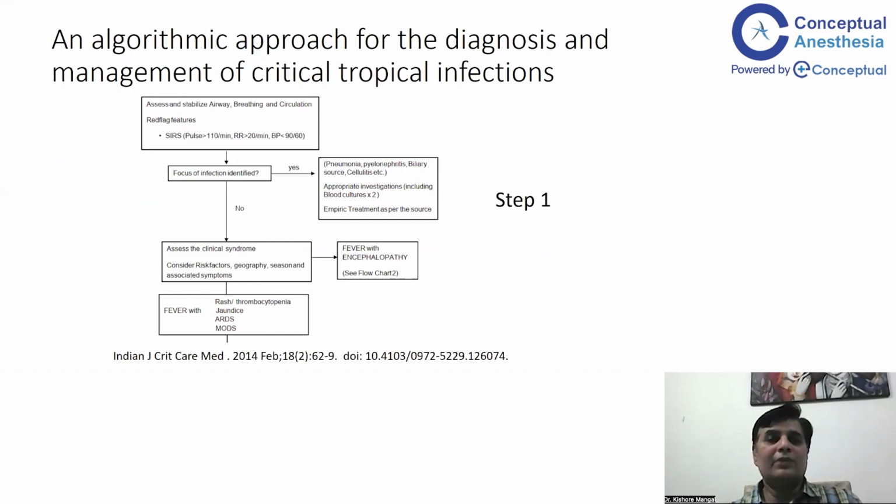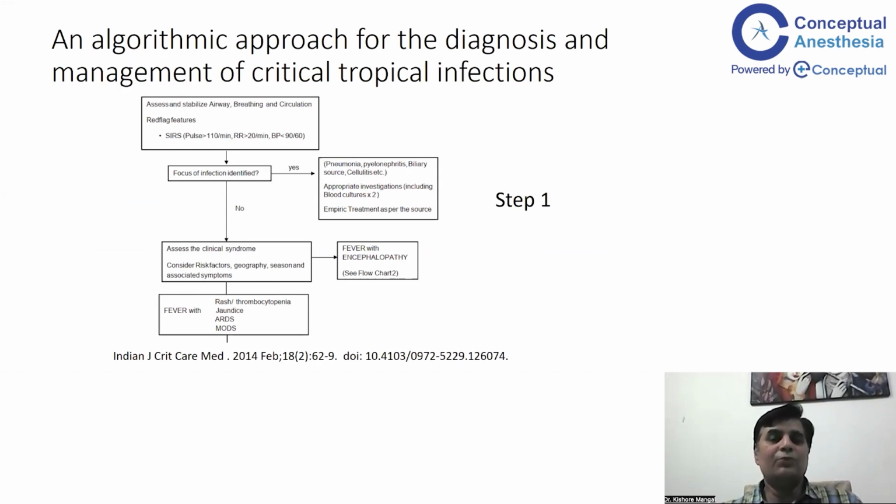So a patient who presents to you, it will take time to diagnose which type of tropical fever we are dealing with. When you do not know what the positive organism is, but you have to treat because the patient is sick, then an algorithmic approach is the answer.